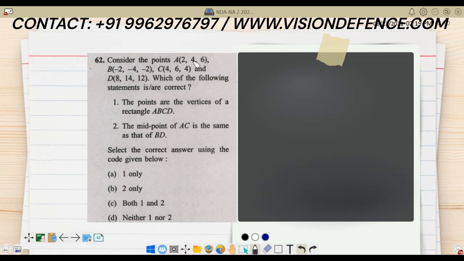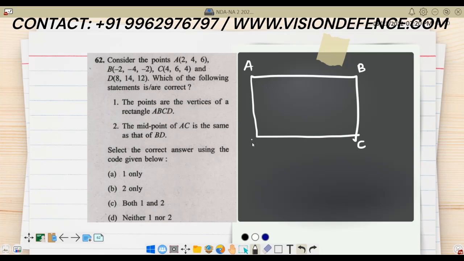So in this sum, there are 4 points, 4 coordinates in the 3D space. The first statement is the points are the vertices of a rectangle ABCD. So we need to find if these things form a rectangle. So let's draw a rectangle. Name this A, B, C, and D. Right.